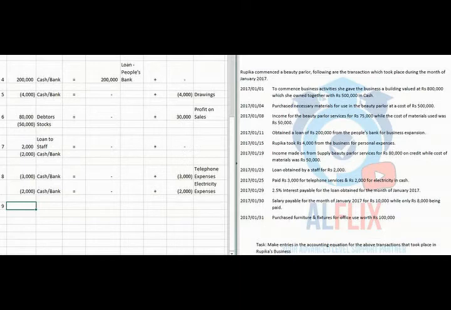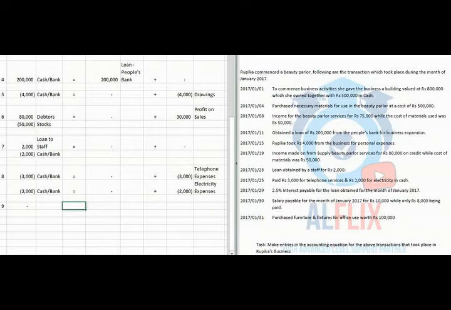Also, interest is an expense to the business, which will result in a decrease of equity as expenses will decrease the value of equity. This will be recorded as an increase of liabilities for rupees 5000.